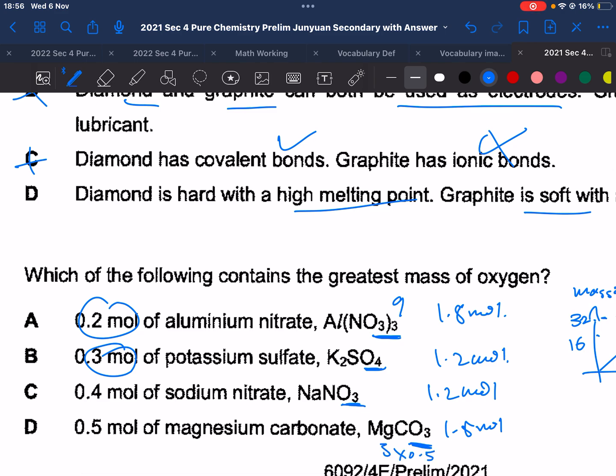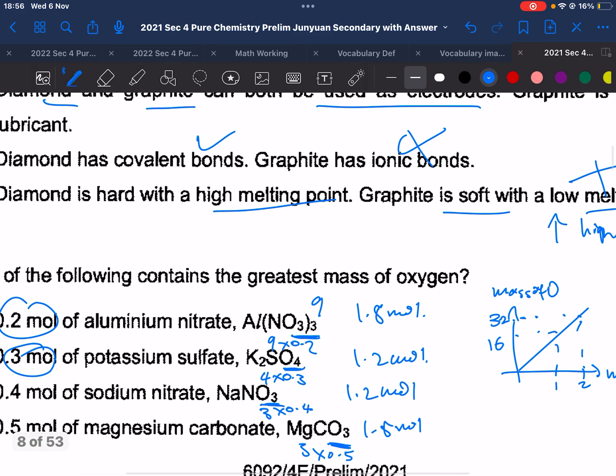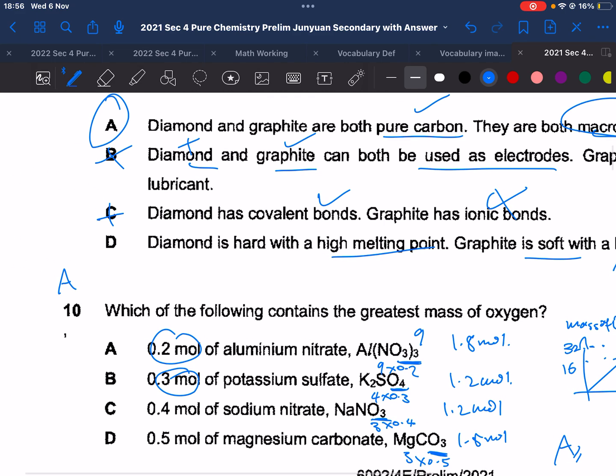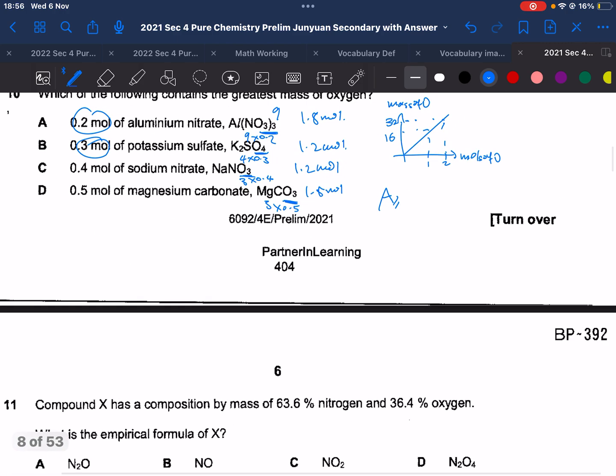This is how I calculate it. 9 times 0.2, so the answer should be A, because it has the greatest number of oxygen atoms inside, so hence it will have the greatest mass of oxygen.